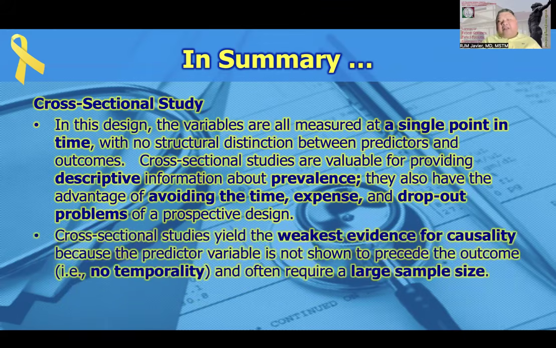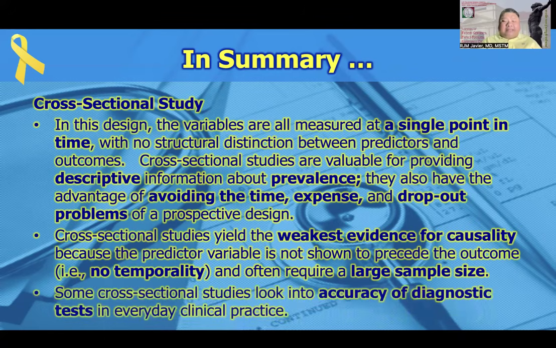They often yield the lowest level of causality because there is no temporality, the sine qua non for establishing a causal relationship. And often analytical cross-sectional studies would employ a very large sample size.